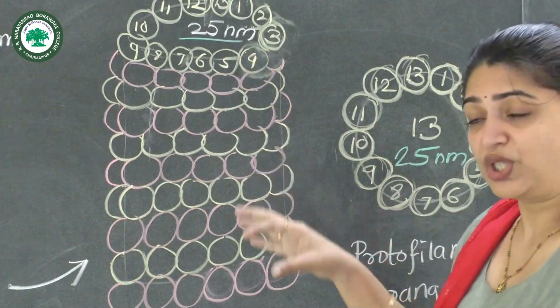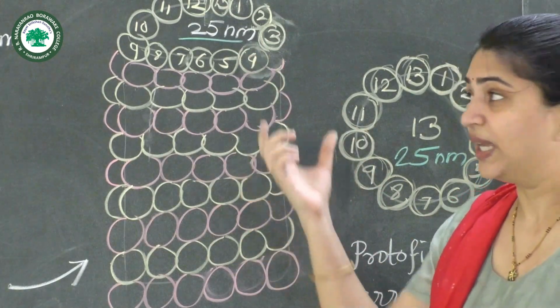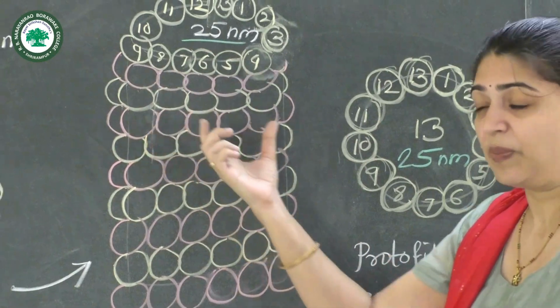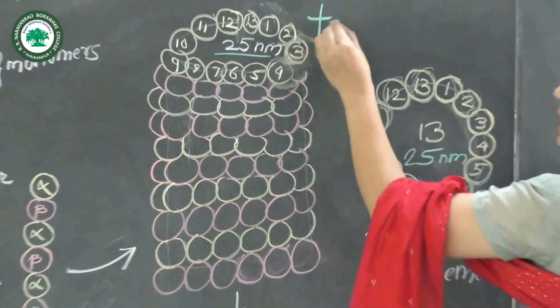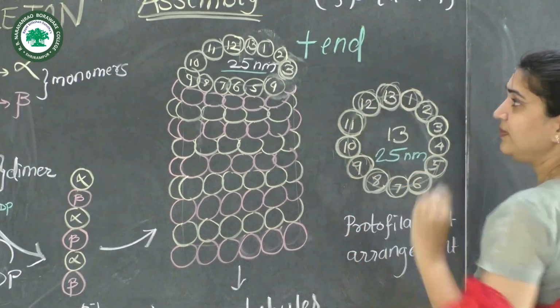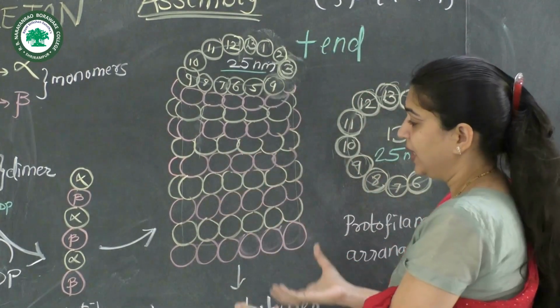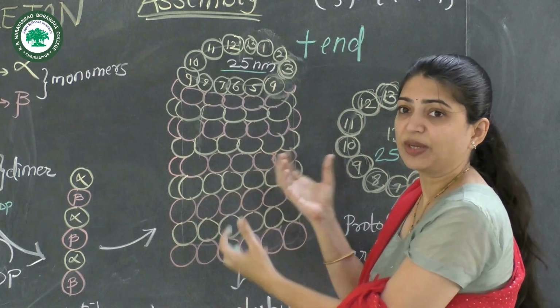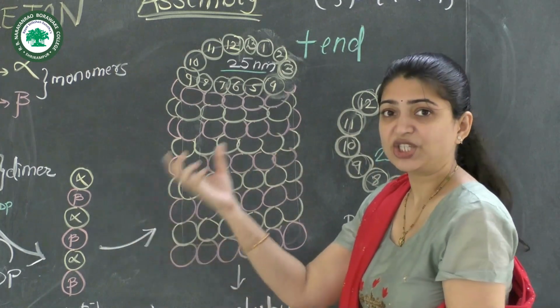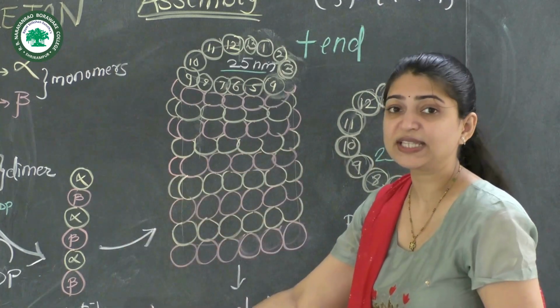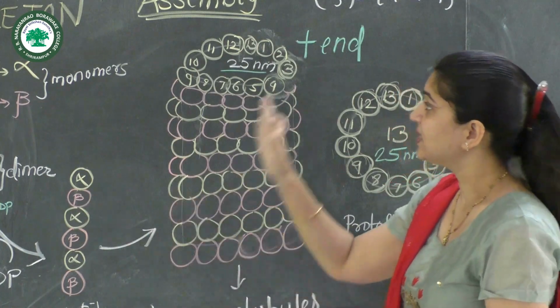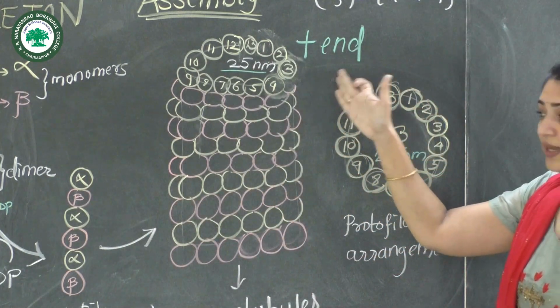The position where the assembly of tubulin takes place is called the plus end, where the tubulins get attached and cause polymerization. After dimerization there is polymerization forming the protofilaments, and this is done at the plus end.